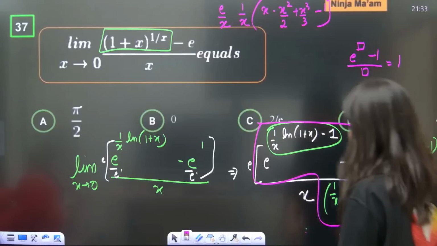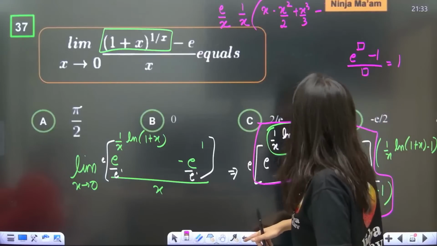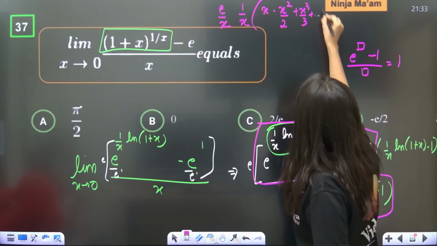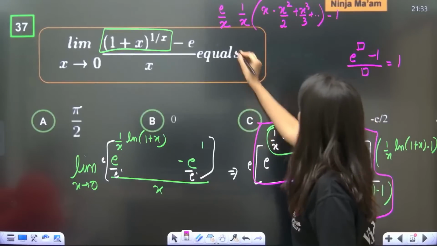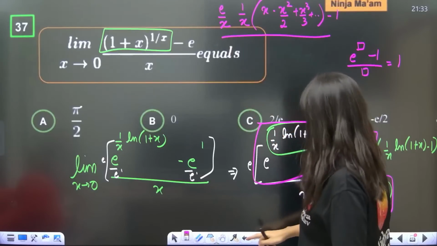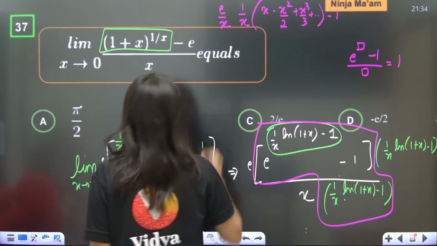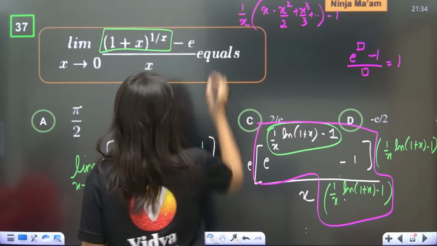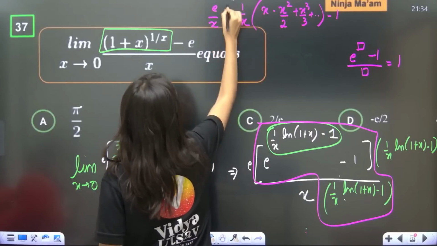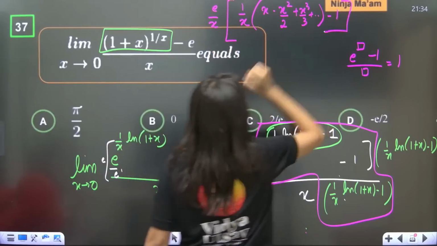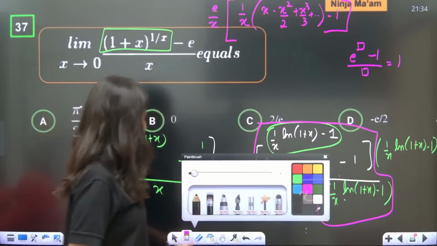So 1 by x was already there, minus 1 upon, so this is e by x. Yes, this is how the expression looks.